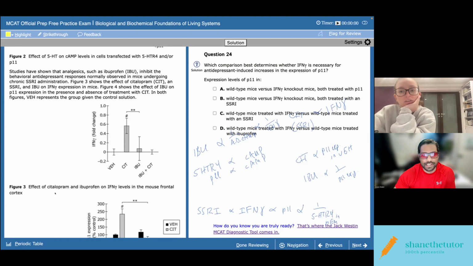And it's antidepressant induced. I don't know, these two, they're all treated with SSRIs. That's kind of the point of the experiment. So antidepressant induced increases on the expression, they would all be tested by SSRIs. I don't think that's specific enough.